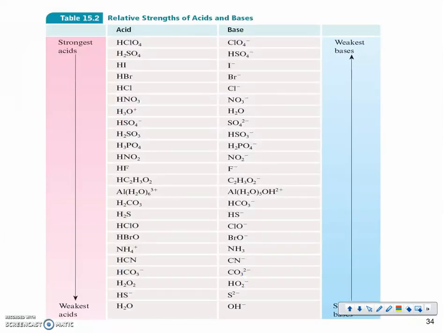So we can rank acids and bases on a chart like this, from our strongest acid to the weakest, and then the same thing for your bases. Notice that these are in conjugate base pairs. So HClO4, the strongest acid, has the weakest conjugate base.